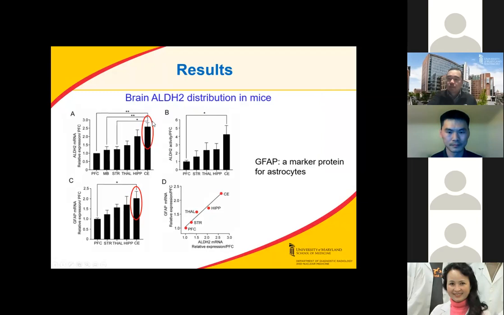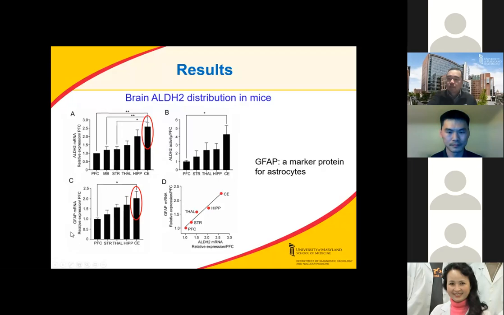And then the activity showed a similar pattern when we compare with prefrontal as 1. We can see a significant increase in the ALDH2 activity ratio in cerebellum to the prefrontal cortex.